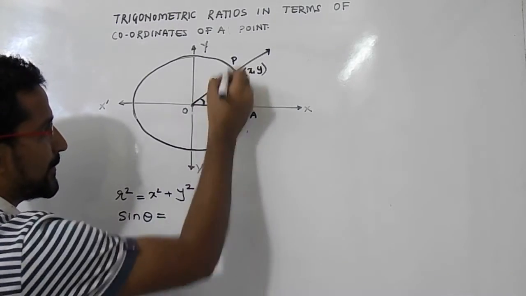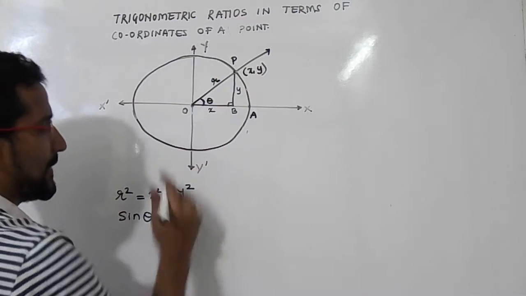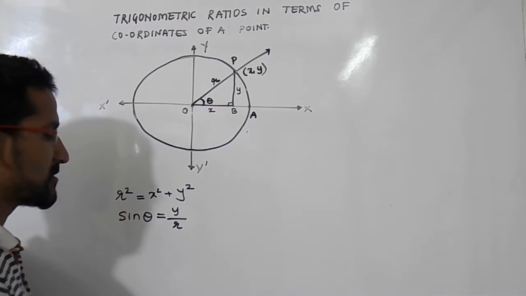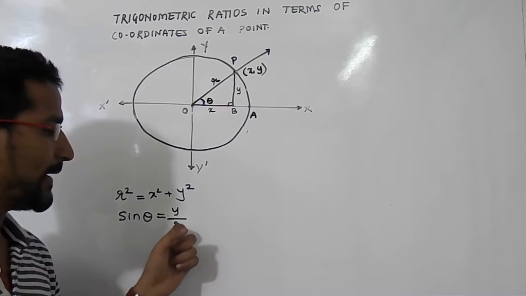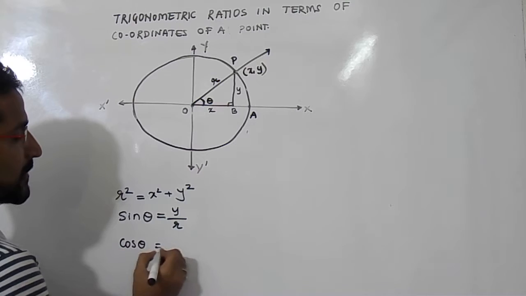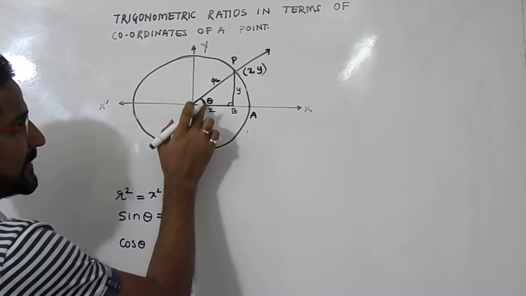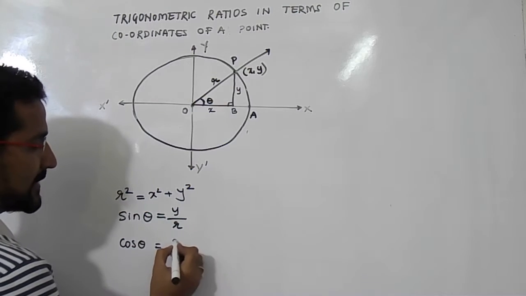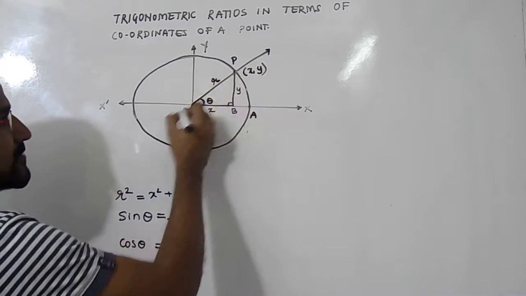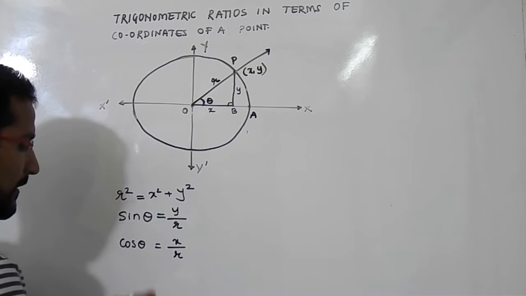PB, that represents y, and the hypotenuse is OP, and that represents r. So sine theta is y by r. Next is cos theta. Cos theta is adjacent upon hypotenuse. What is adjacent of theta here? OB, and it represents x, upon hypotenuse r. So cos theta is x by r.